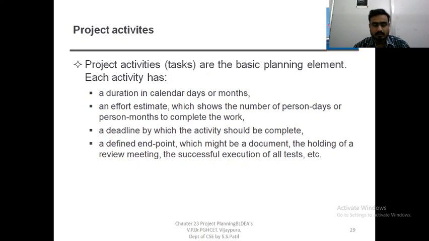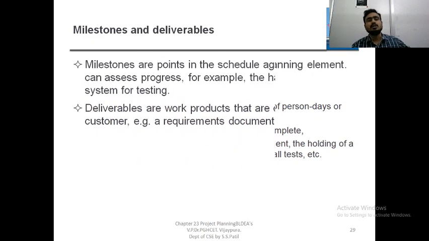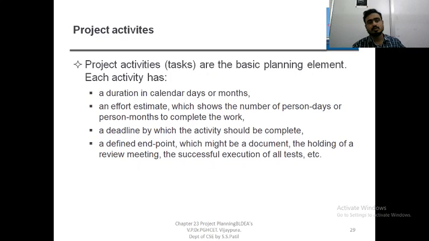Each activity has a duration in calendar days or months, an effort estimate which shows the number of person days or person months to complete the work, a deadline by which the activity should be complete, and a defined end point with documentation, holding a review meeting on the progress. So this is all about project activities.